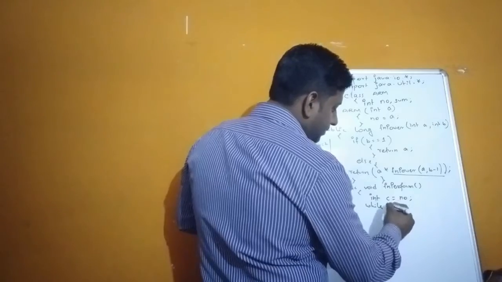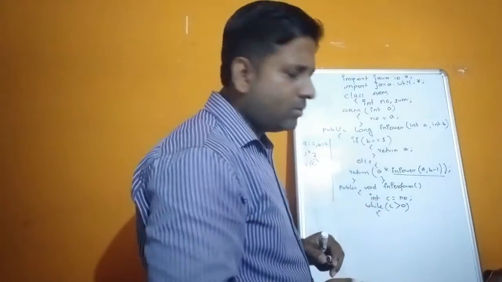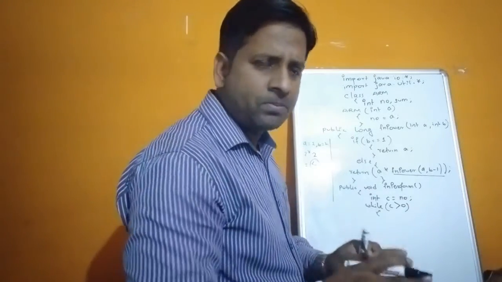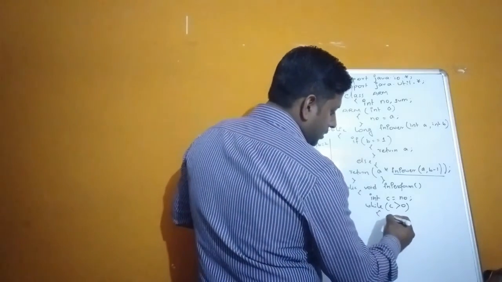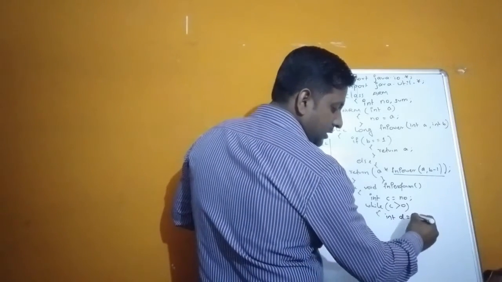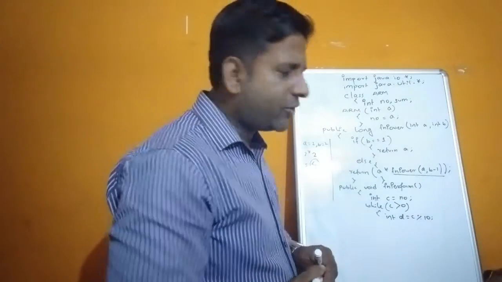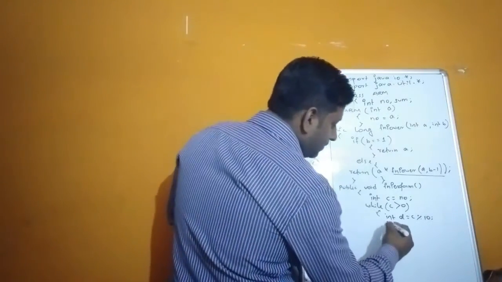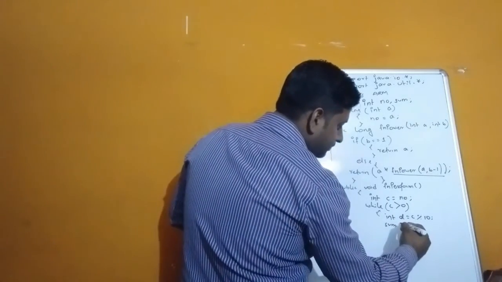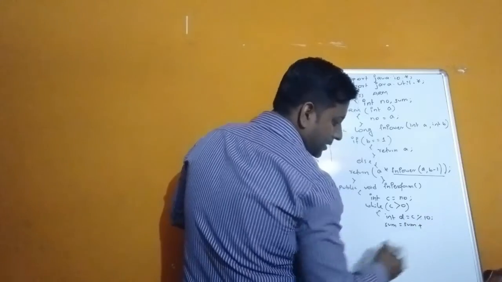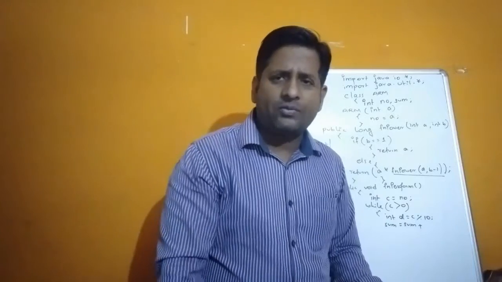So while c greater than 0, the concept will be the same, number greater than 0, number I am keeping safe, and instead I will be using c. So first of all we will calculate the digit, that is c modulus 10. We got the digit over here. Okay, so sum already we have taken here at the top, so sum is equal to sum plus, now whatever digit we got, that will be the power of that, isn't it?